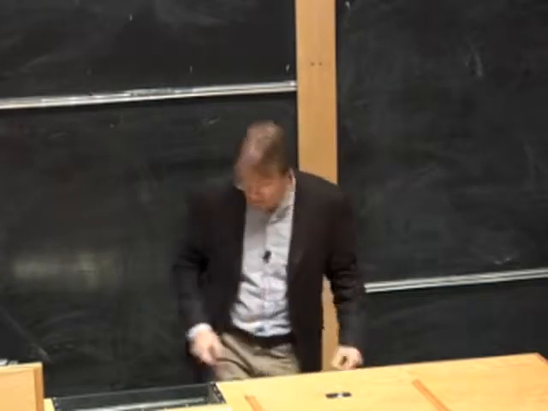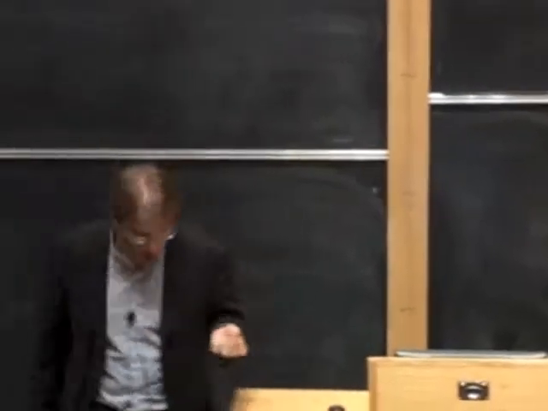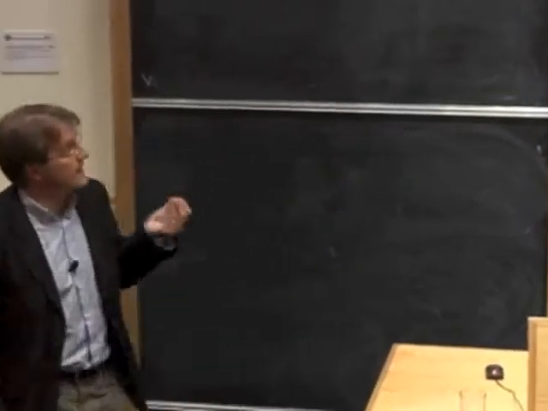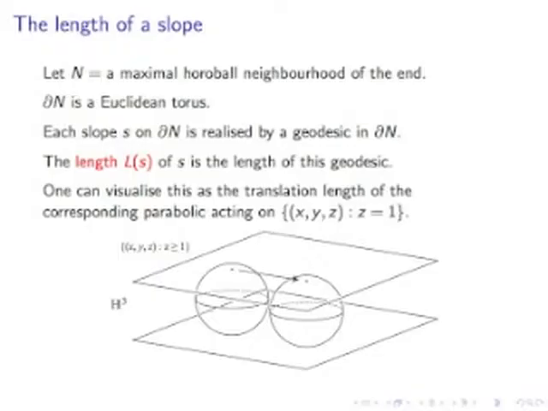Okay, so the key to the Gromov-Thurston proof was this notion of slope length. If you now take a maximal horoball neighborhood of the end. So these horoball neighborhoods of the end, they come in one parameter families, because instead of taking z greater than or equal to 1, I could have taken z greater than or equal to 2, for example, and shrunk the horoballs. But imagine doing the opposite. Imagine trying to expand these horoballs and expanding and expanding until they just touch.